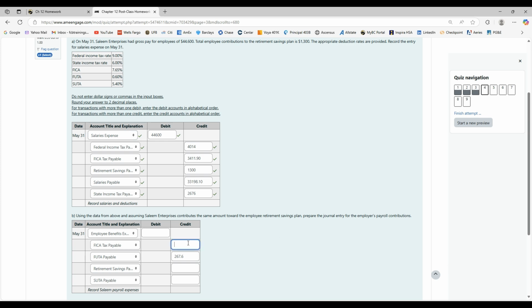So for FICA, it's the same thing. FICA is always a match between the employer and the employee. The payroll, the retirement savings, it tells us in the problem that they pay the same amount. They match our amount there. And then SUTA is 5.4%, and multiply that by 44,600 gives us 2408.4.